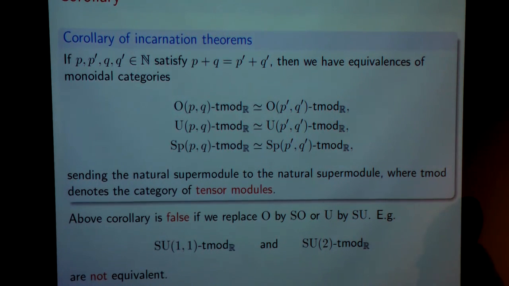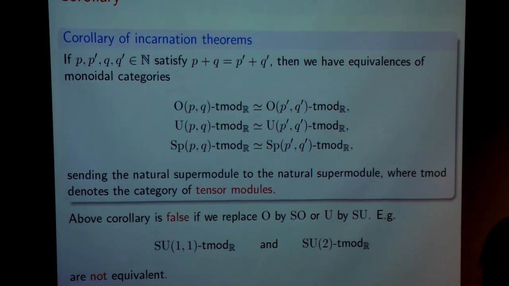Tensor modules means modules that are summands of tensor powers of the natural one. The way you prove that is it's the same modification of the Brauer category that maps to them. Both maps are full. And because these categories are semisimple, the kernels are the same. They're the negligible morphisms, and therefore these categories are equivalent.